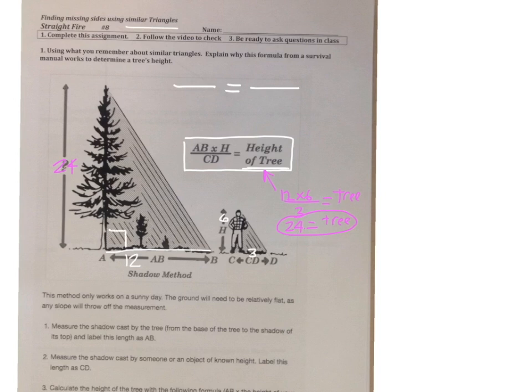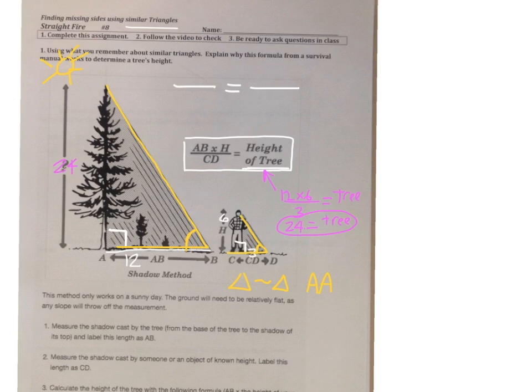They both have a right angle, and they both have the same angle here, at least, as the sun is shining down on the trees. It's making these angles here identical to each other. And since that's true, we know that the two triangles are similar to each other because of angle-angle.